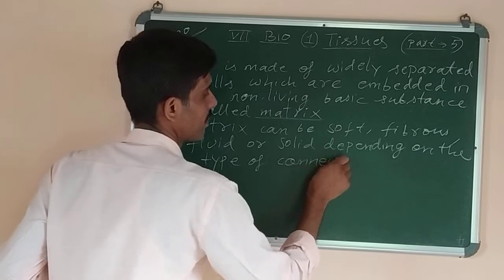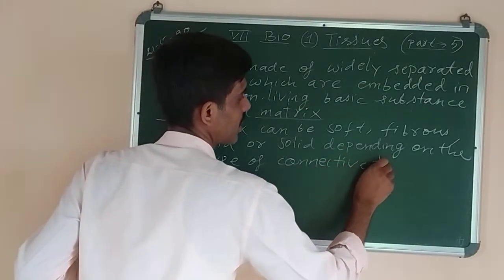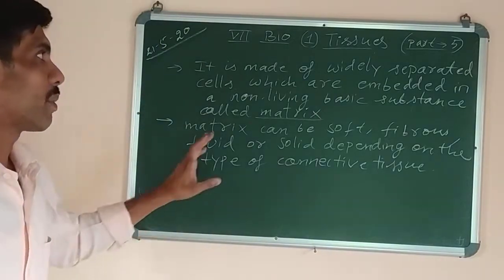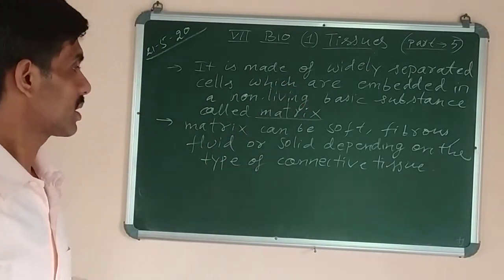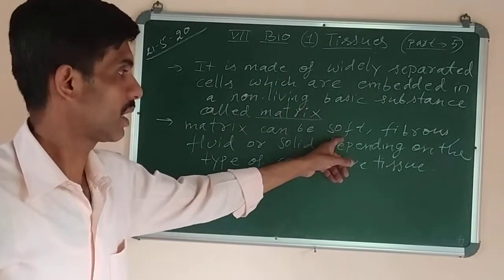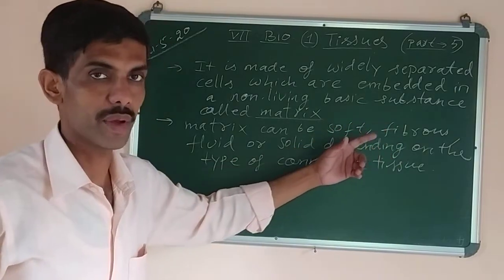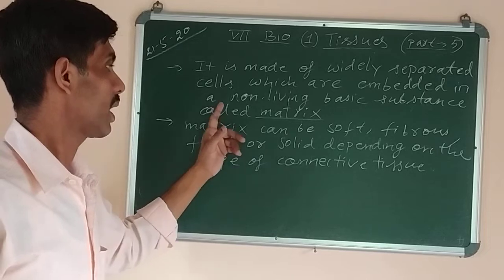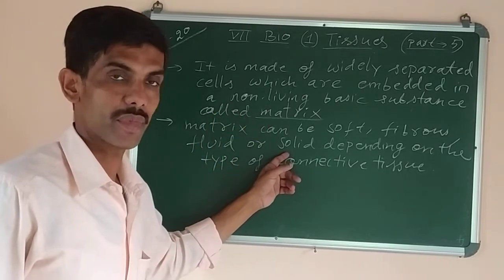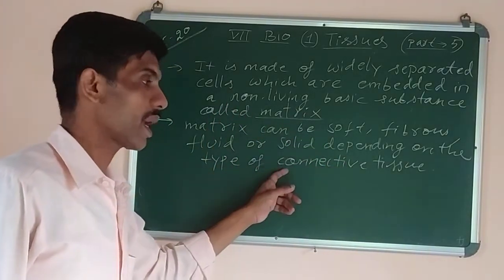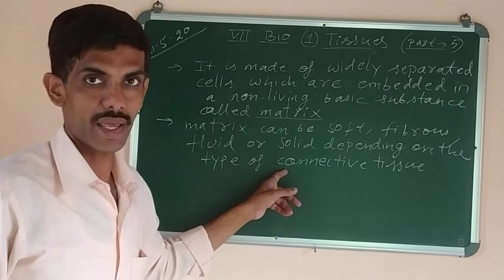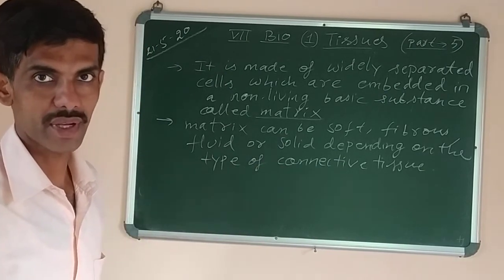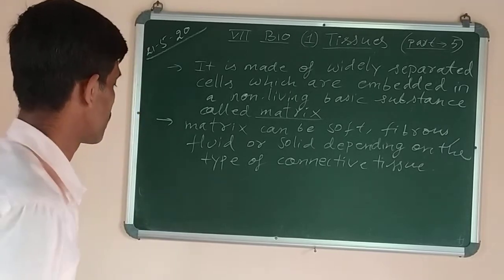Depending on the type of connective tissue, different types of matrix are present. It can be fluid, that is liquid in shape, or it can be solid in shape. It depends on what type of connective tissue is there. If different connective tissue is there, different types of matrix are present in those tissues.